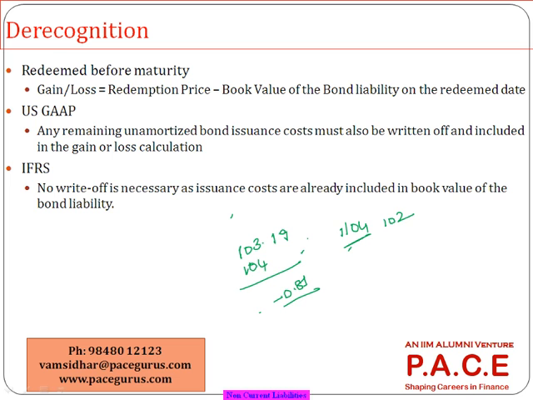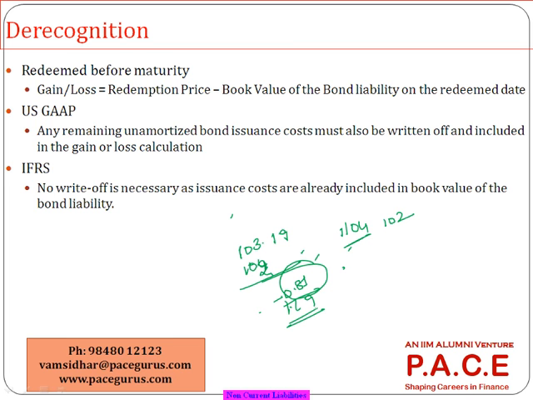So typically when the company has to buy back in the middle, it may have to buy at the market price, because these bonds generally get traded in the market. That market price could be either more or less than the book price. Because of that, the company may pay either a larger or a smaller amount to buy back the bond. So if it is paying more, it recognizes this 0.81 as a loss. If it is paying only 102, it recognizes 1.19 as a gain in the income statement.